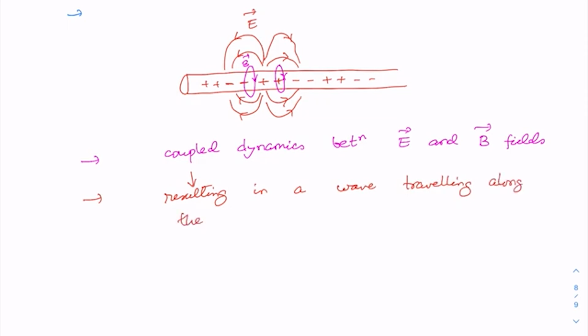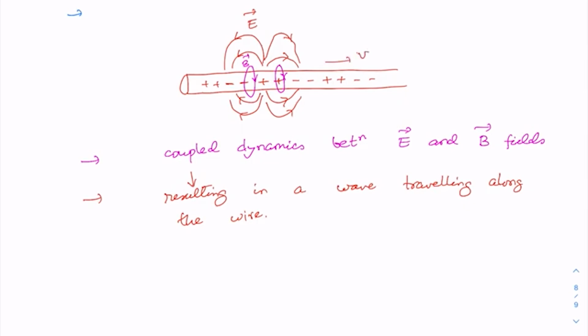I think most of you know how electromagnetic waves get generated, right? That is basically because of this interplay between the electric field and the magnetic field. So this is the same thing here, only the wave that is getting generated is a microwave.